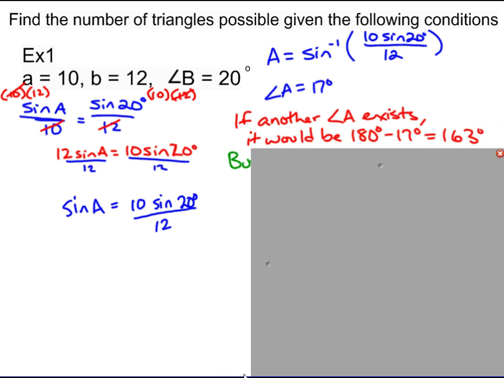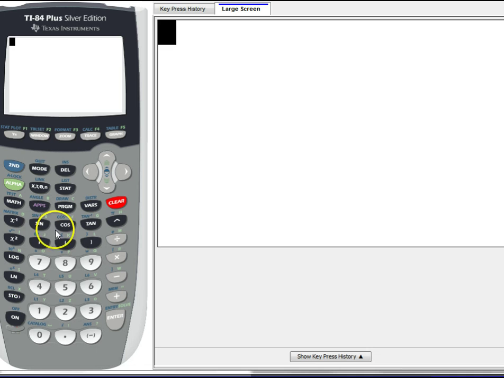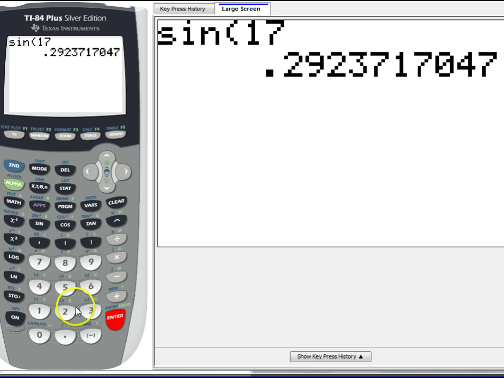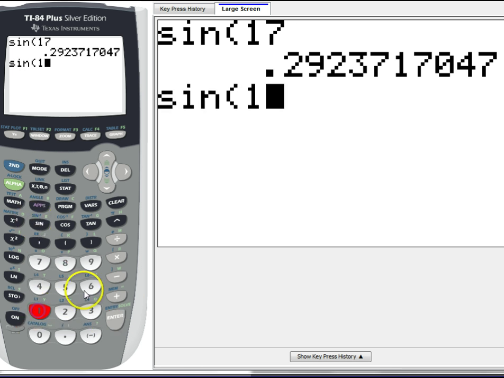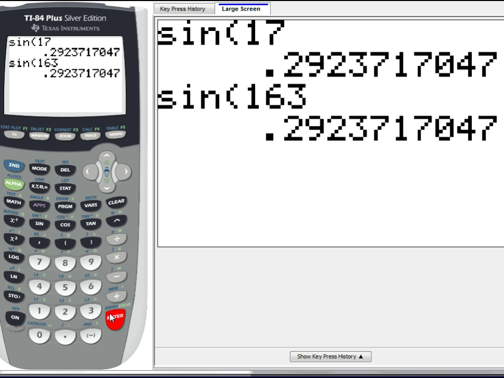I want to show you how that works on the calculator, so please grab your calculator. Okay, we're going to type in the sine of 17. And we're going to type in the sine of its supplementary angle, 163. Notice how they're exactly the same?